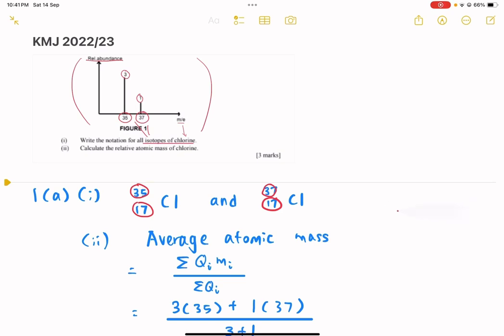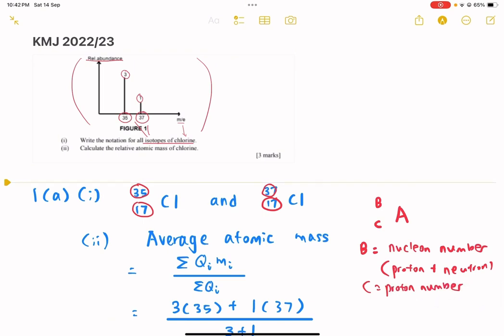Let's say an atom is called A, and here B, here C. B is the nucleon number, which is proton plus neutron, and C is the proton number. So here is the proton number, and here is the nucleon number, or the mass, as we also call it.